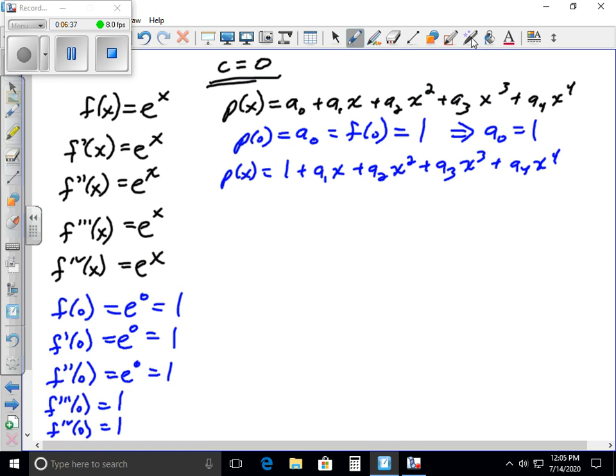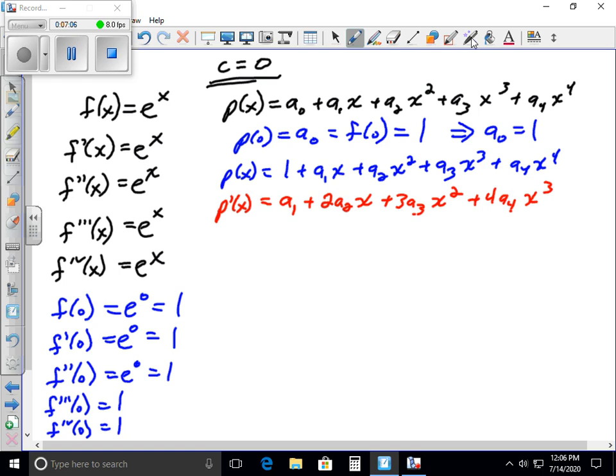Now we need our first derivative down through our fourth derivative. So our first derivative, the derivative of a constant is 0. Then the derivative of the next term is a1. Then we have 2a2x, 3a sub 3x squared, 4a sub 4x cubed.